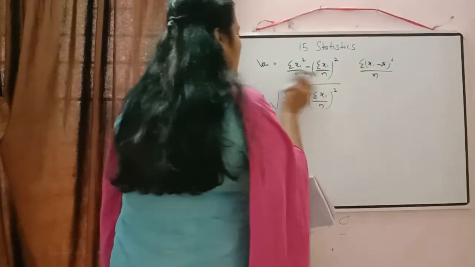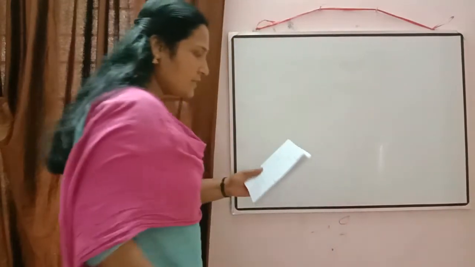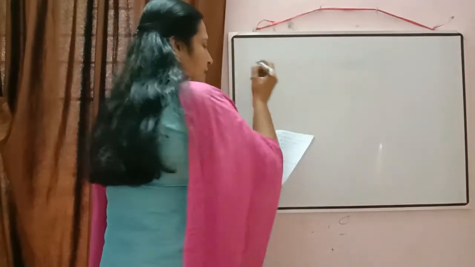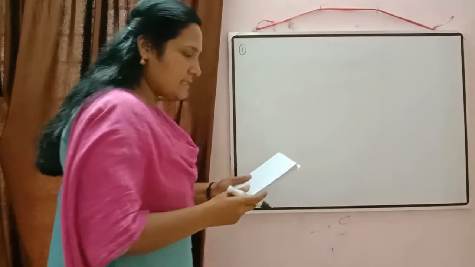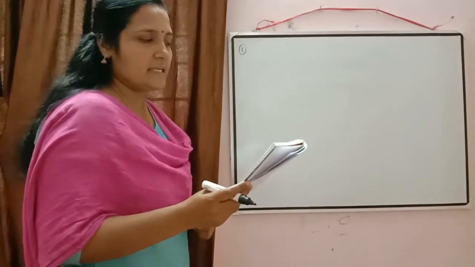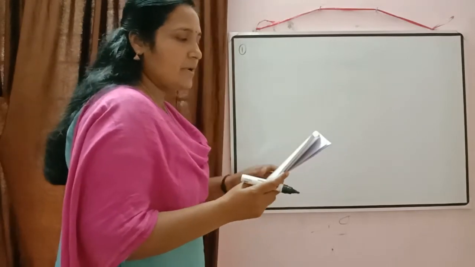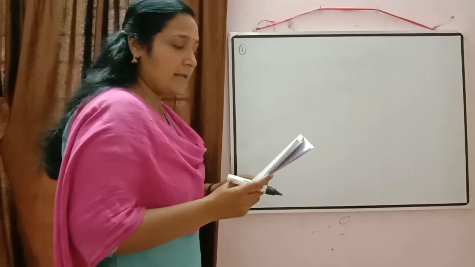So now today we'll solve some word problems based on that. In the first question it is written, the variance of 20 observations is 5. Please note down the question. The variance of 20 observations is 5.